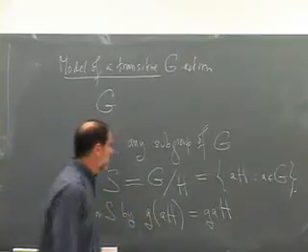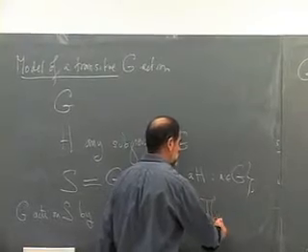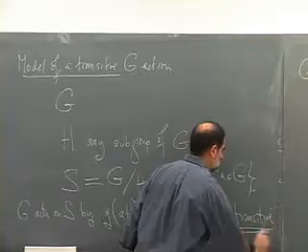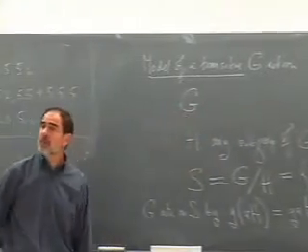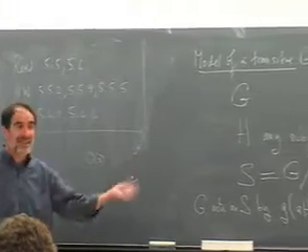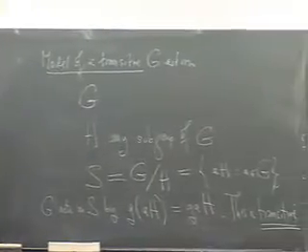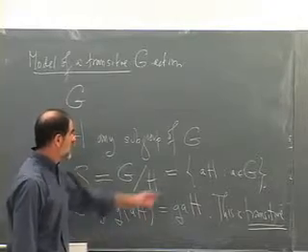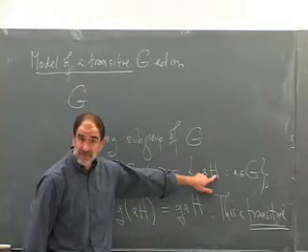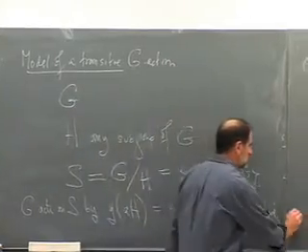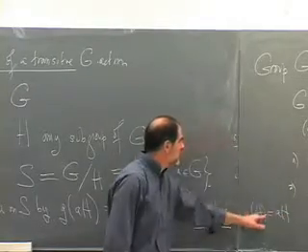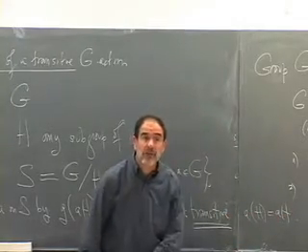I claim this is transitive. You agree? Well, I just have to find one coset that I can take into anything. If I take the coset H, and I want to take it to the coset AH, I just translate by A. So I can get from H to any other coset via this group action.